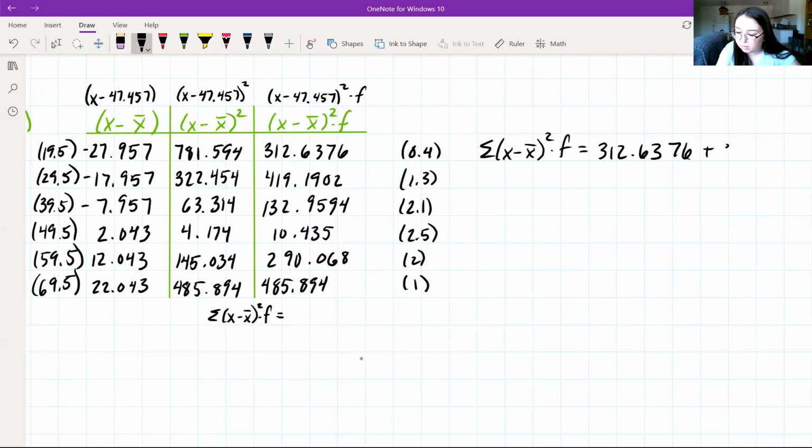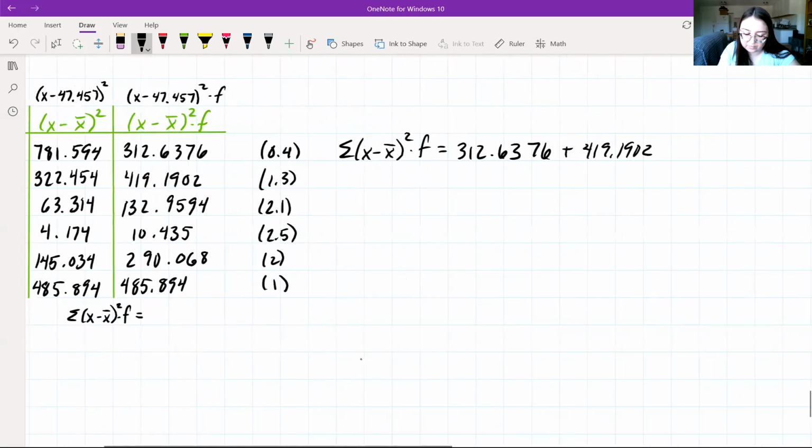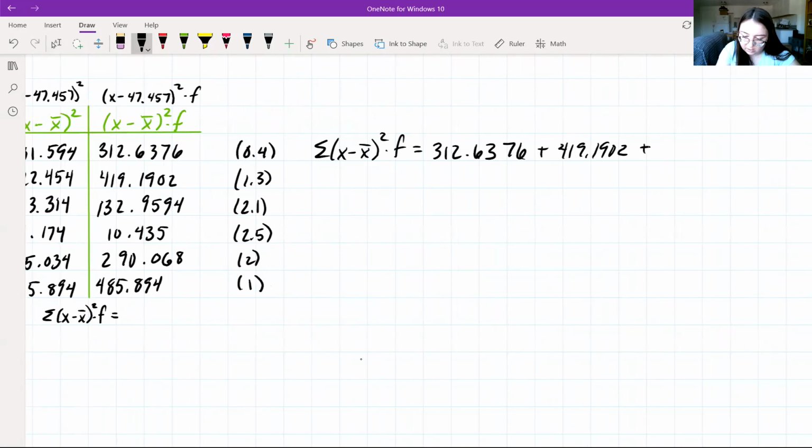So we have 312.6376 plus 419.1902 plus 132.9594. And we're going to go to the second row here. Then we have 10.435 plus 290.068 plus 485.894.